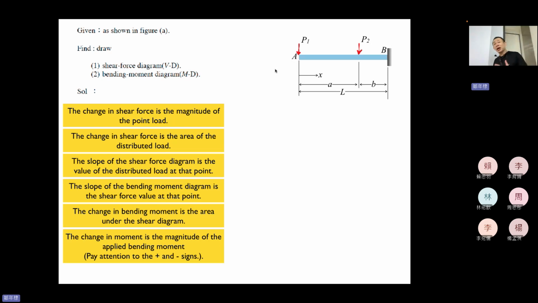The support is a fixed end, so it will have RB, right? And also horizontal, right? But there's no horizontal force, so the horizontal reaction force will be equal to 0, so I just neglect that. And most importantly, moment, okay?